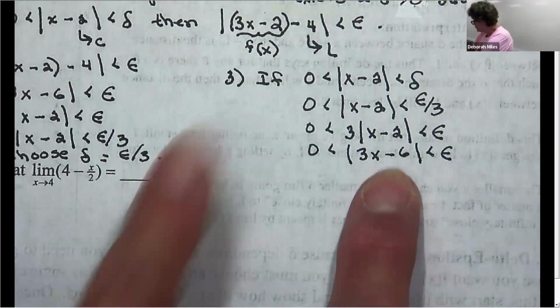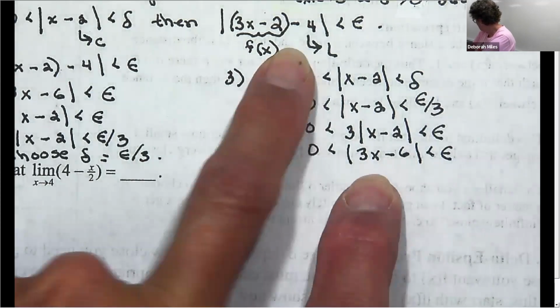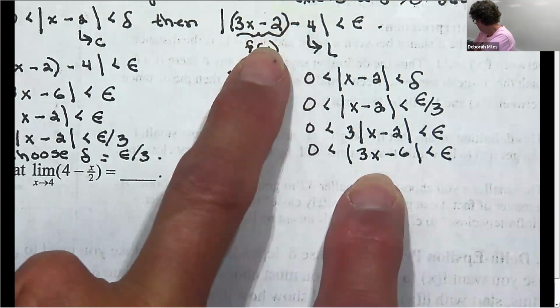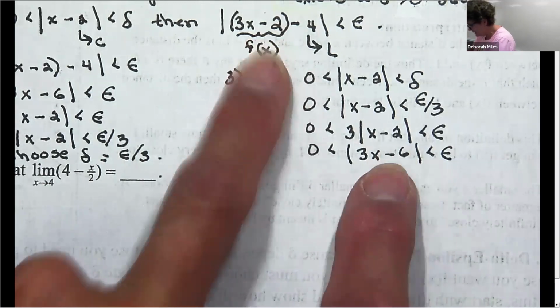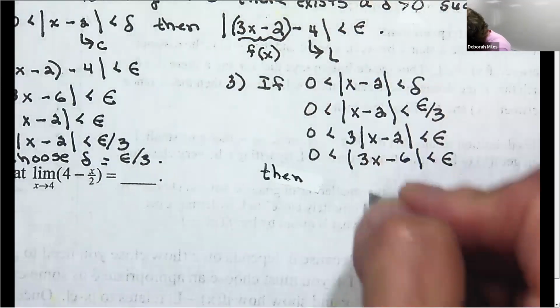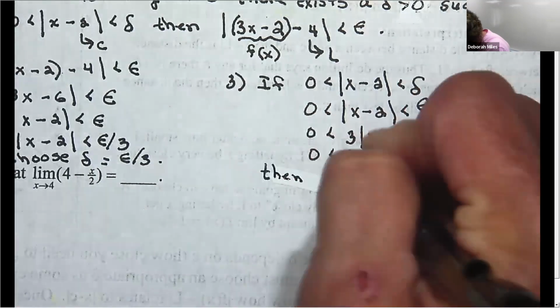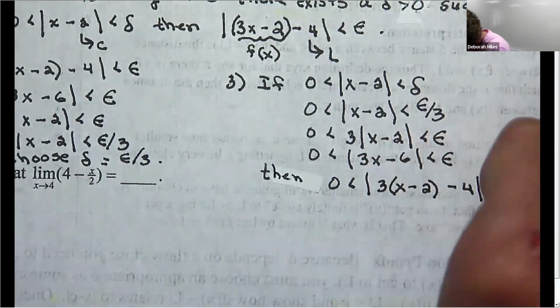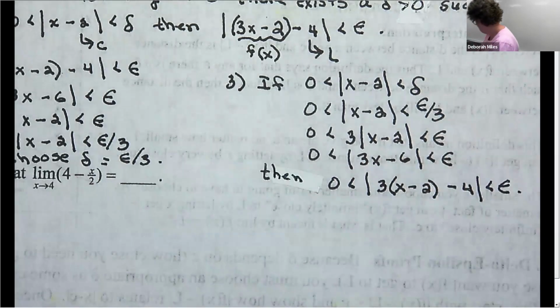And you might have to look back up here at what you want your conclusion to be. This is what you want your conclusion to be. So all you have to do is split that 6. And so again, absolute value of 3 times x minus 2 minus 4 will be less than epsilon.